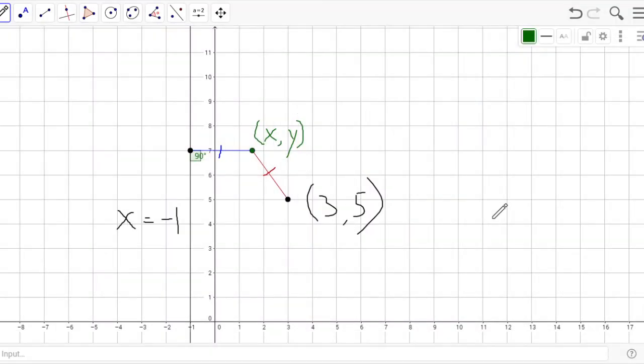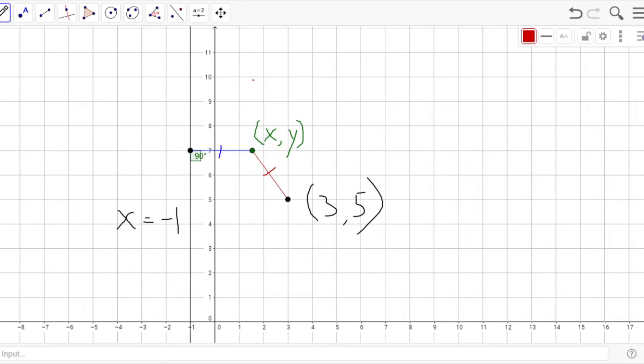Alright, so now let's find the equation for the actual parabola between the point (3, 5) and the line x = -1. So we'll call a point on our parabola (x, y). First, we need to find the distance between the point (3, 5) and (x, y). To do that, we're going to use the distance formula.